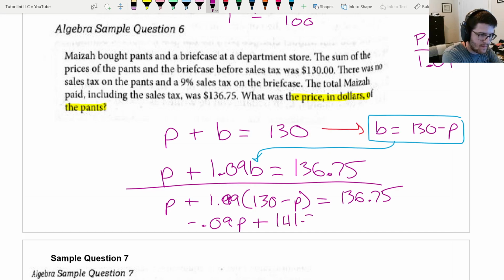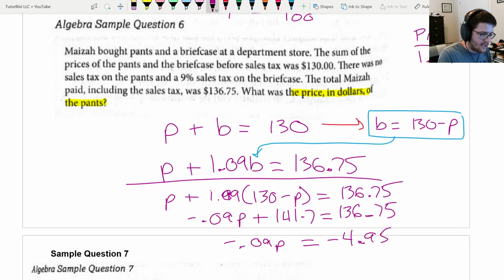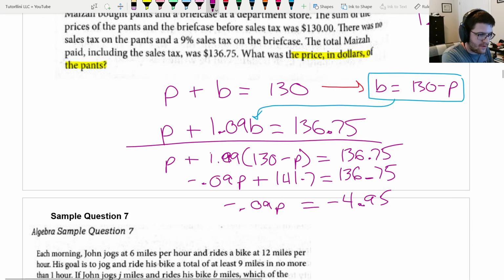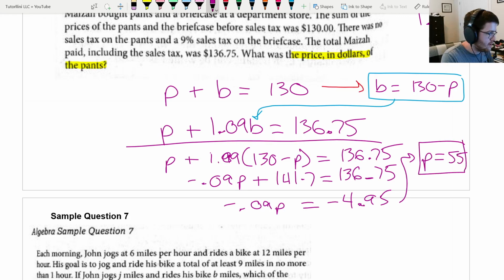So let's put that. And now I can subtract 141.7 from both sides. Let's see what we get. Negative 4.95. Now I'm going to divide both sides by negative 0.09, and I get P equals 55, which seems like the answer.